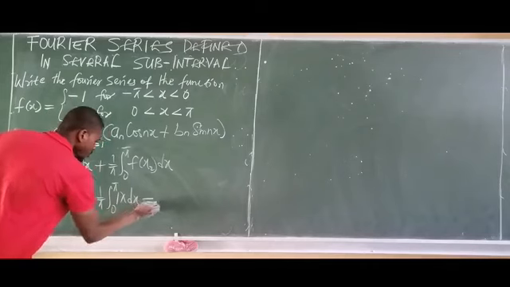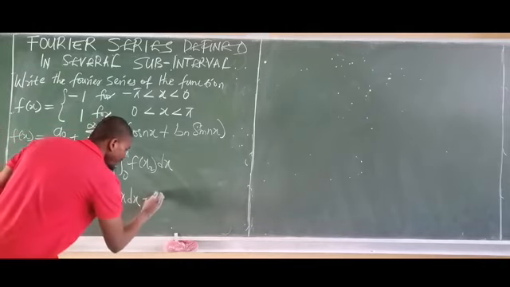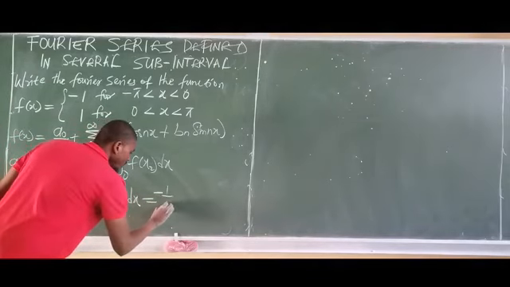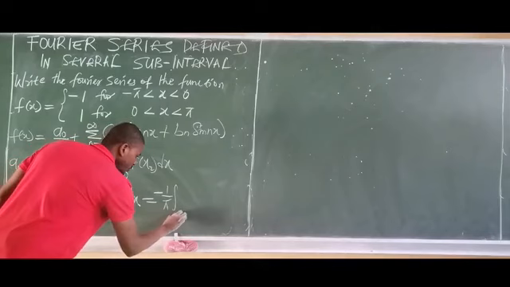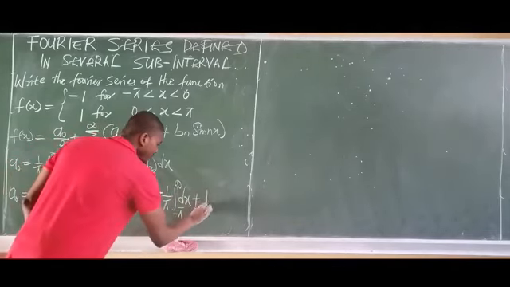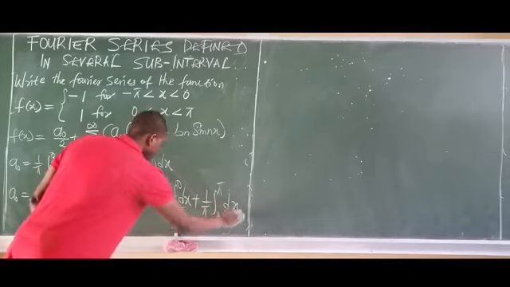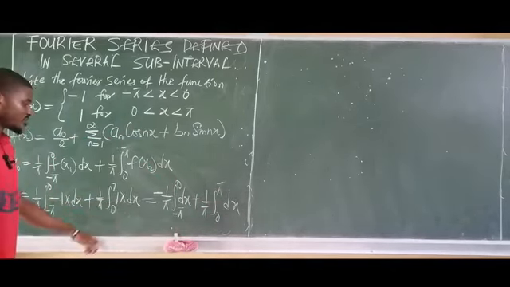So this is equal to, of course, -1 times dx remains minus dx. Let's factor the minus sign out. We have -1 all over pi integral from minus pi to 0 of dx plus 1 all over pi integral from 0 to pi of dx. 1 times dx remains dx.